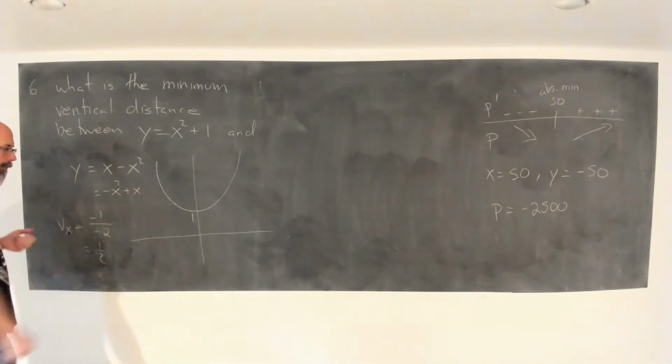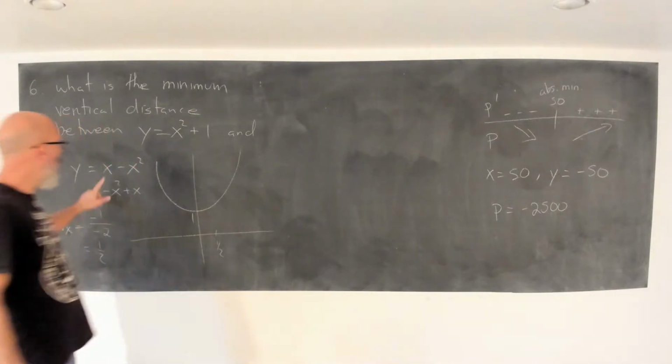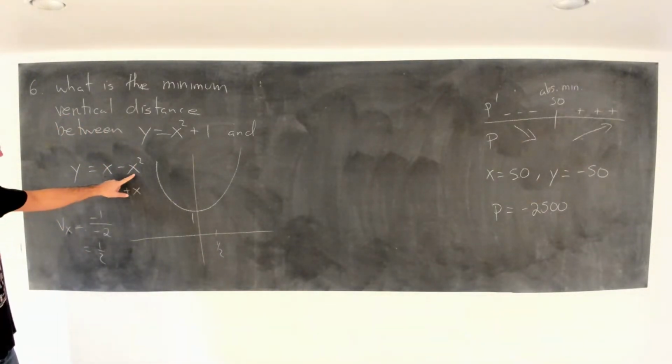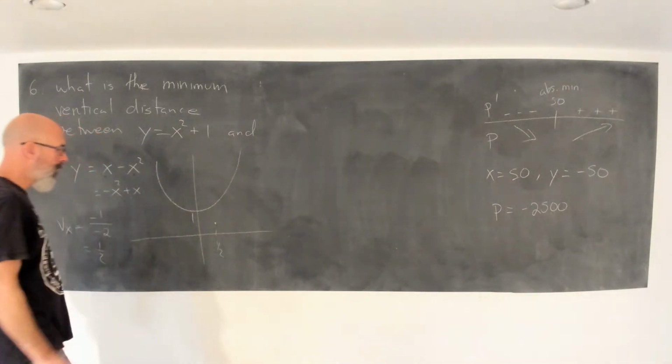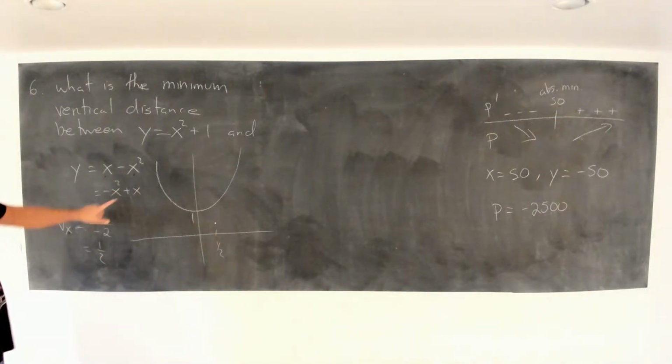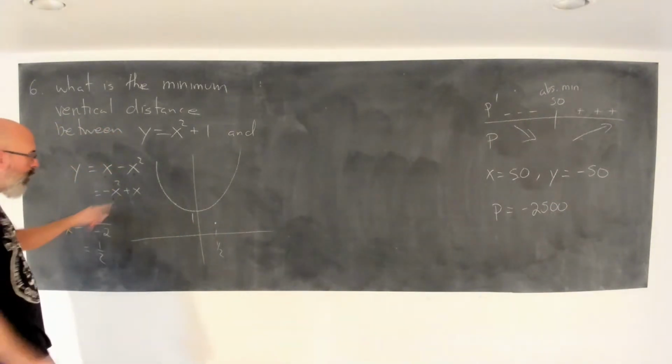So that's 1/2, when x is 1/2, this is 1/2 minus a quarter, which is a quarter. And this goes down, right, because of the negative x squared. And it does go through the origin, also when x is 1.